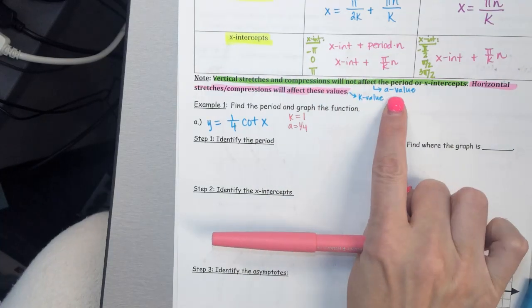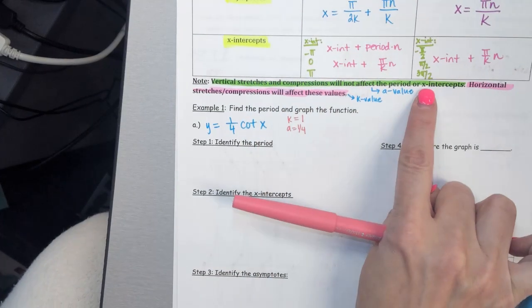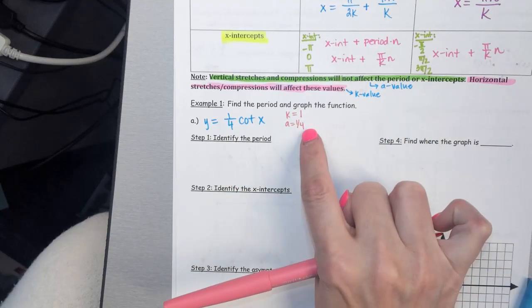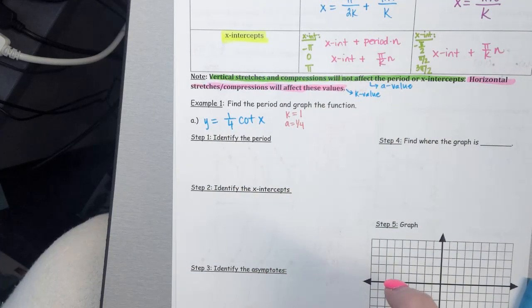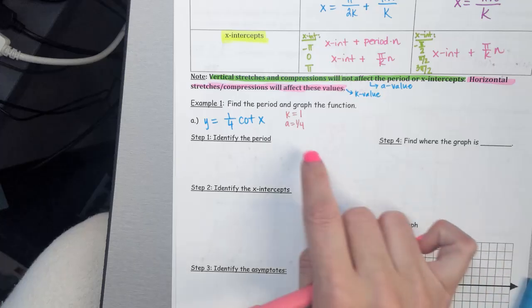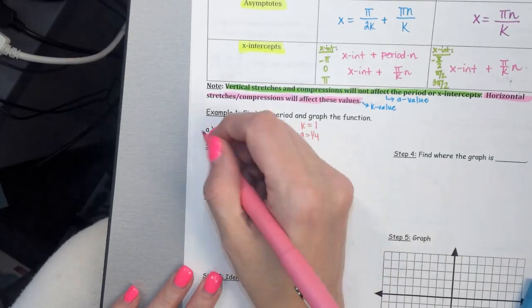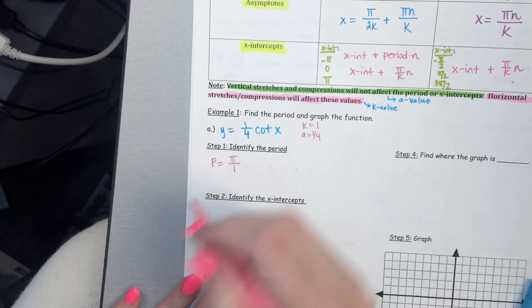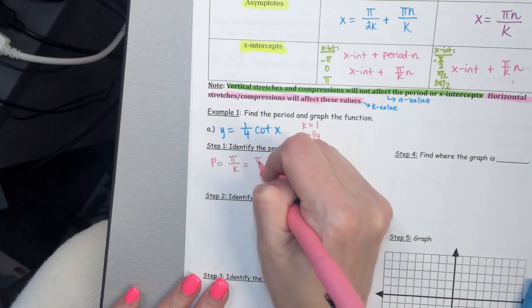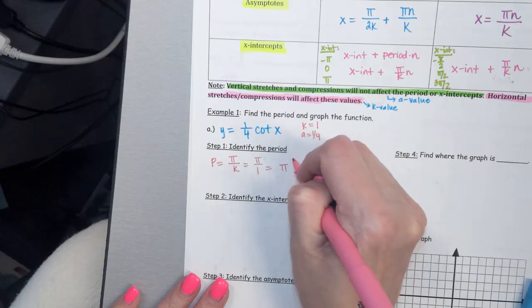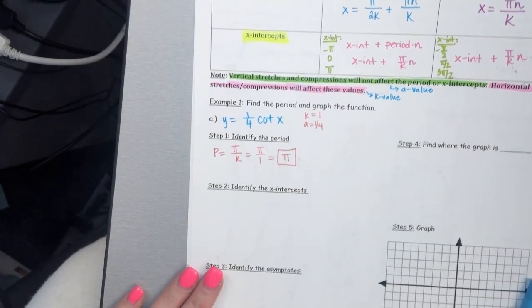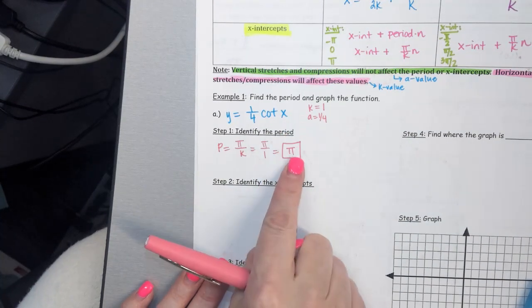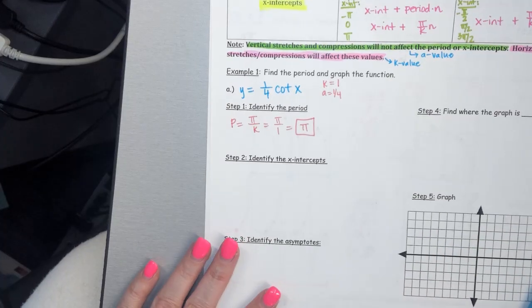The a value does not affect the period or x-intercept, it affects the y values. So we'll talk about that in a little bit. If you're identifying the period and your k value is 1, pi divided by k is just pi over 1, or just pi. You can jump right from here to here when you're doing that on your own.